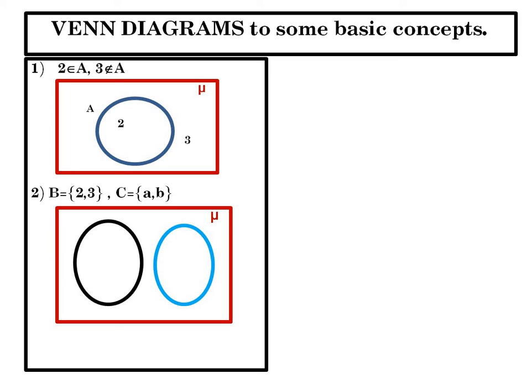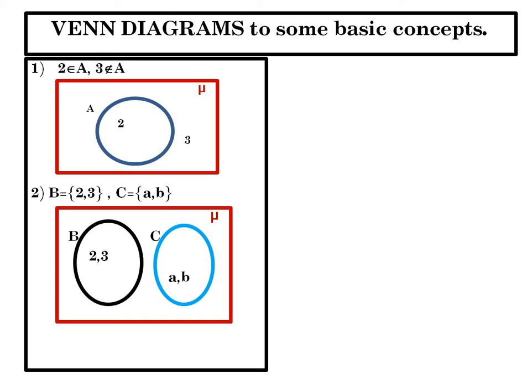One circle is represented by B and another circle is represented by C. Now B contains the elements 2, 3 and C contains the elements a, b. So you represent 2, 3 in B and a, b in C. That itself represents the second situation, two sets having different elements.